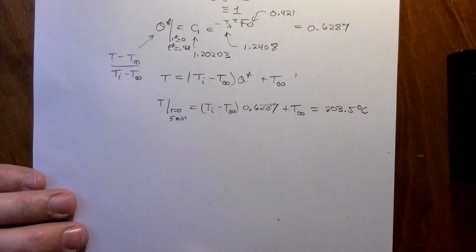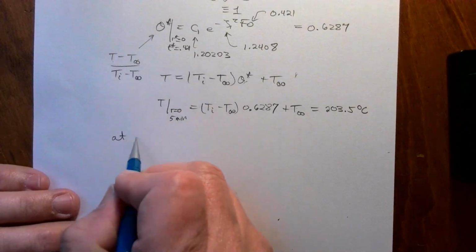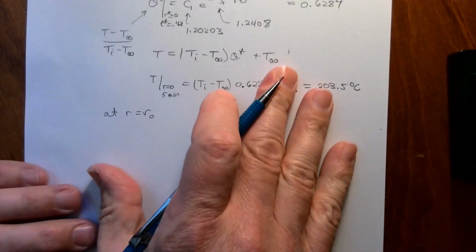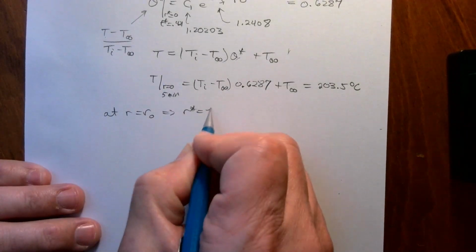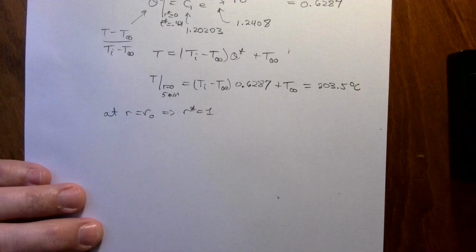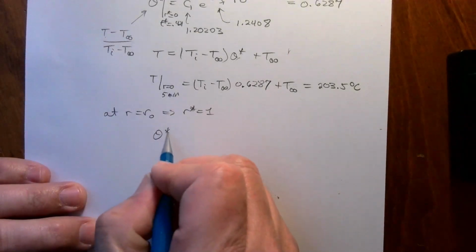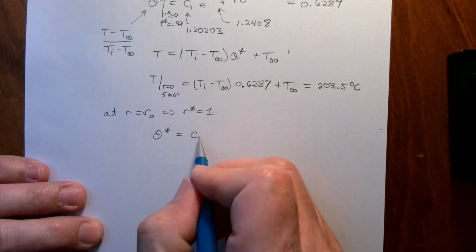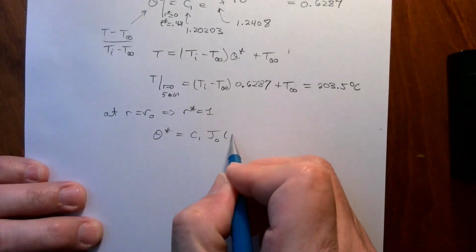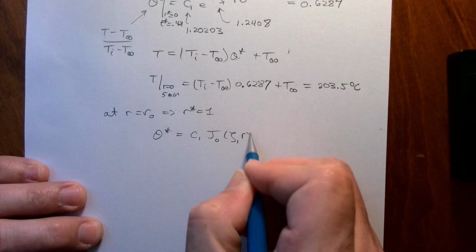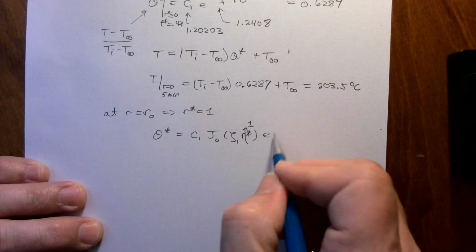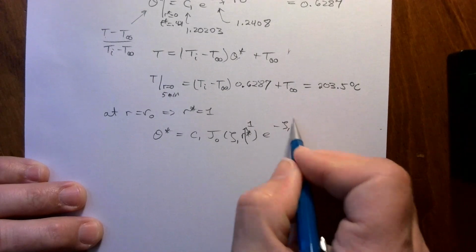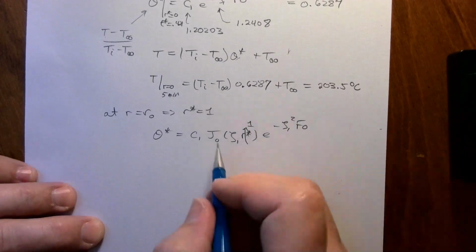Okay, so now we need surface temperature. At r equal to r outer on the outside, that implies r star is equal to 1, because r star is equal to r over r naught. So now we're going to again evaluate theta star. Now it's C1 J naught zeta 1 r star, where r star goes to 1, times e to the minus zeta 1 squared Fourier number.